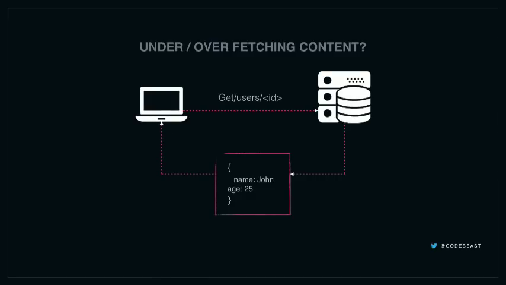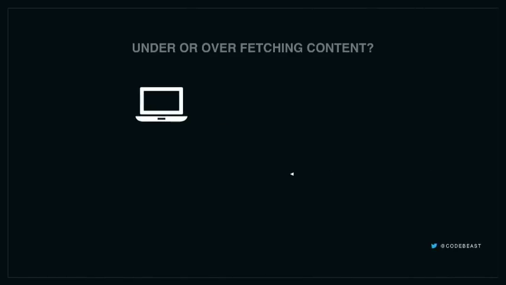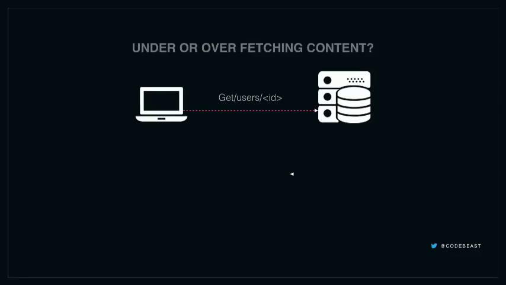What if I actually need that user's posts, not just the user? The client makes a different request, okay, to a different endpoint, and let's assume that endpoint was designed to return a user's posts.